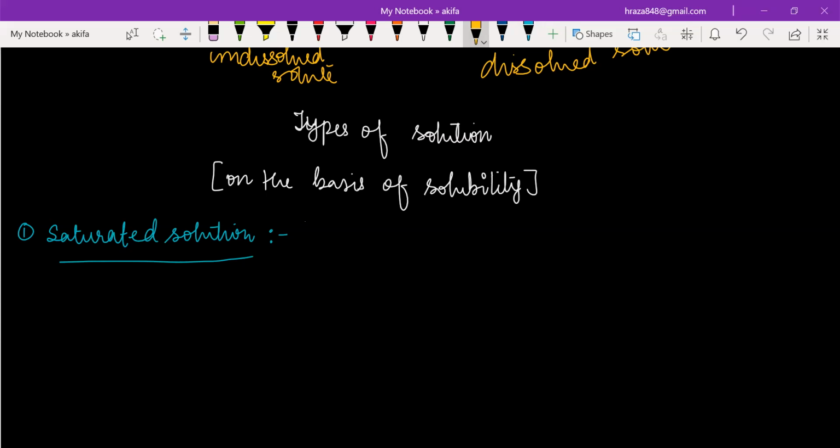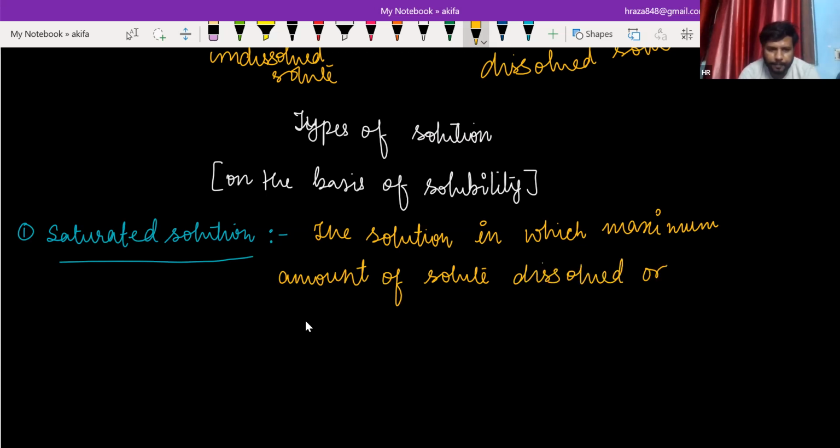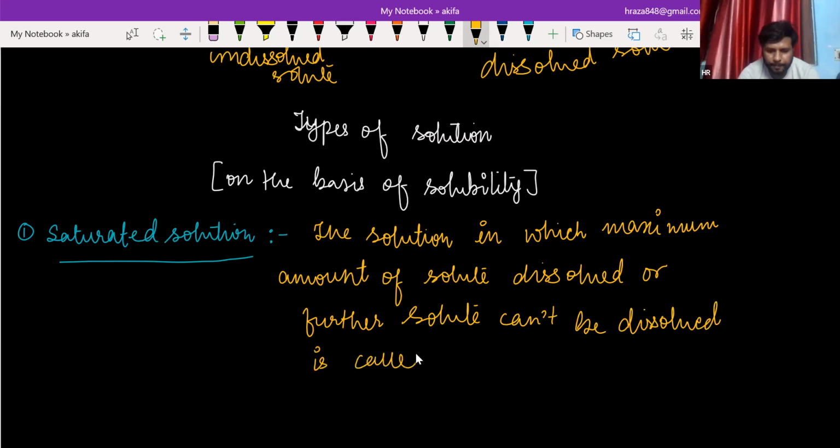Okay, so just write it. The solution in which the maximum amount of solute is dissolved, or further solute cannot be dissolved, is called saturated solution.